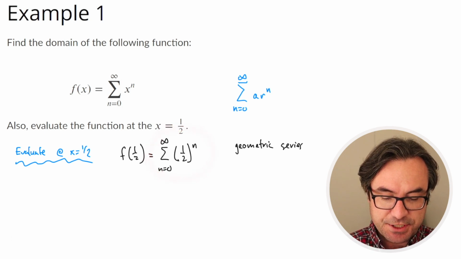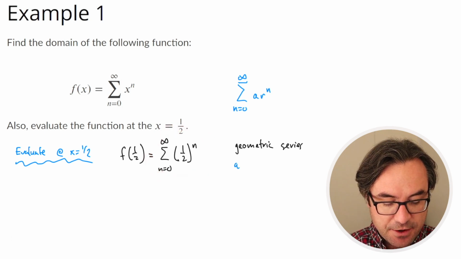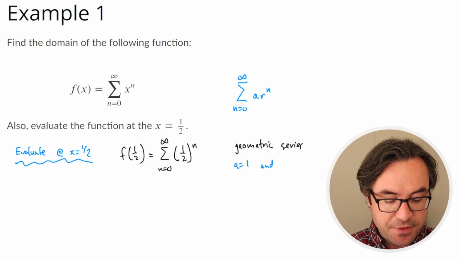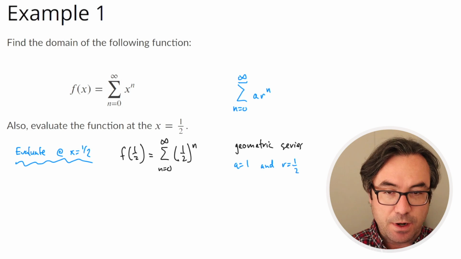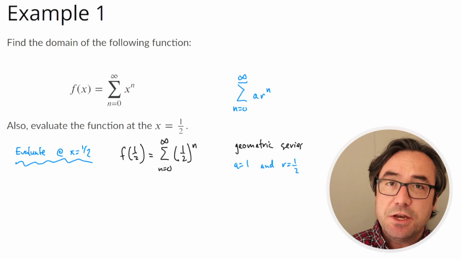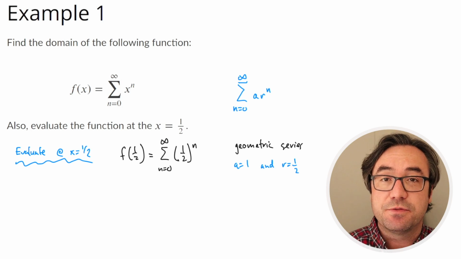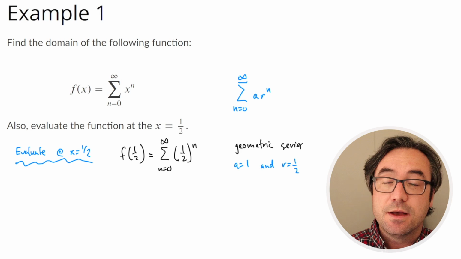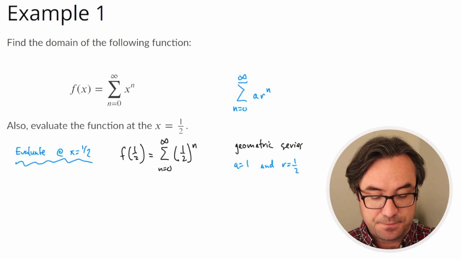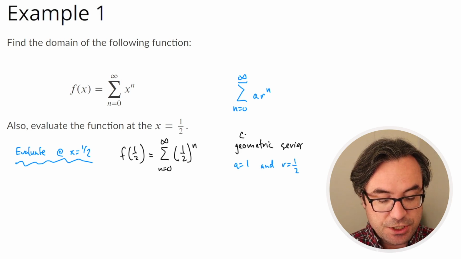But this is a geometric series, and the a value here is equal to 1, and the r value here is equal to 1/2. So we know that when the absolute value of r is less than 1, our series converges. So this is a convergent geometric series.